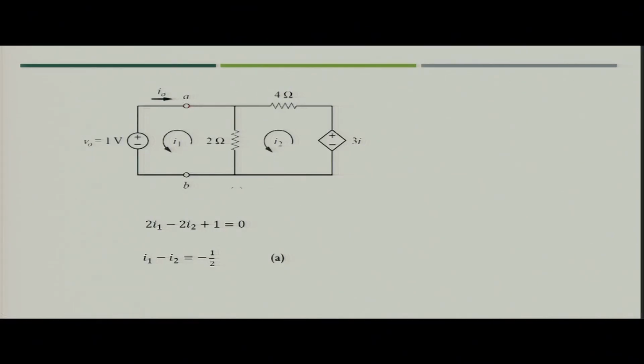So, what we have done? We have removed the inductor from terminal AB and added one voltage source equal to 1 volt.